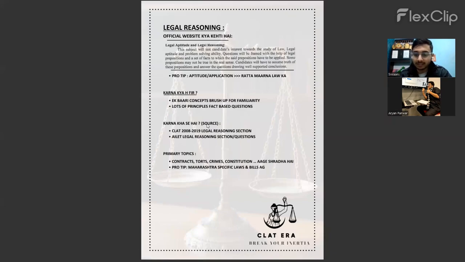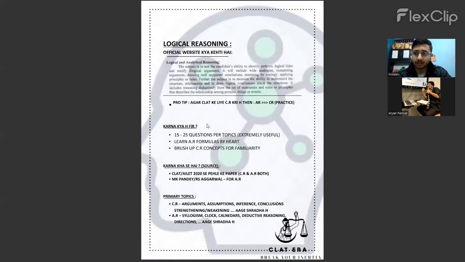Now we will move to the next section, logical reasoning. We will follow the same pattern. First of all, let's see what the official website says. It contains logical reasoning, with both the critical reasoning part and the analytical reasoning part.